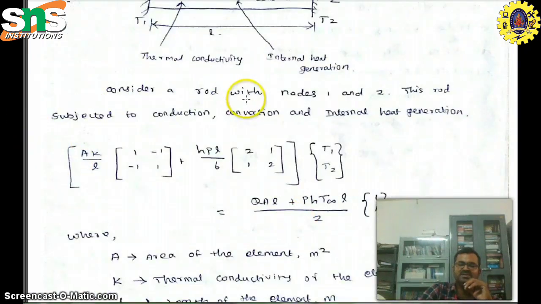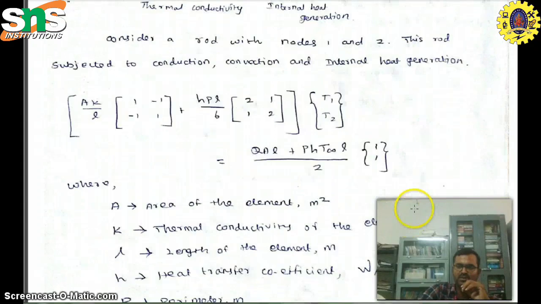Consider a rod with nodes 1 and 2. This rod is subjected to conduction, convection, and internal heat generation, so we can use these relations: AK divided by L times the matrix 1 minus 1, minus 1 1, plus HP L divided by 6 times the matrix 2 1, 1 2, times the nodal temperatures, equals QAL divided by 2 plus PHT infinity L divided by 2, times the vector 1 1.